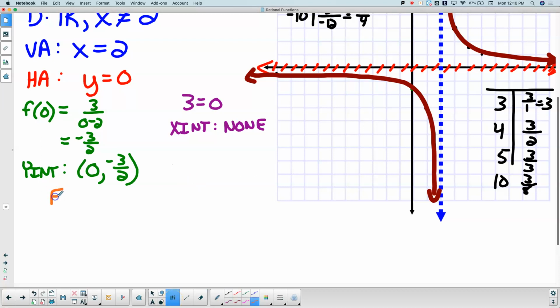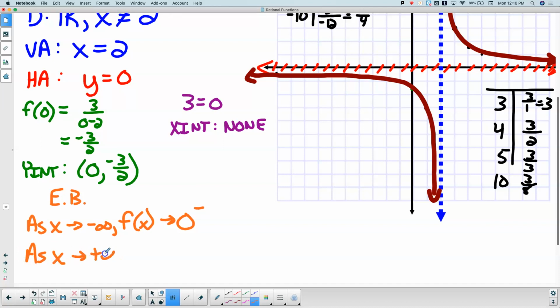As my end behavior, as x goes to negative infinity, my function approaches 0 from below. As x approaches positive infinity, my function approaches 0 from above. That's the left and the right sides.